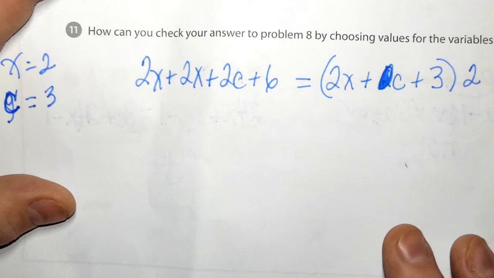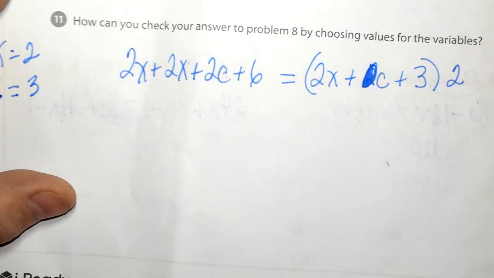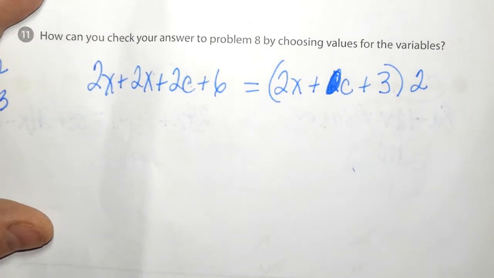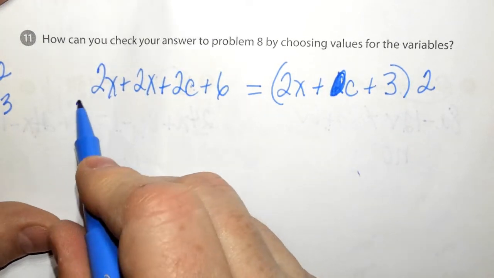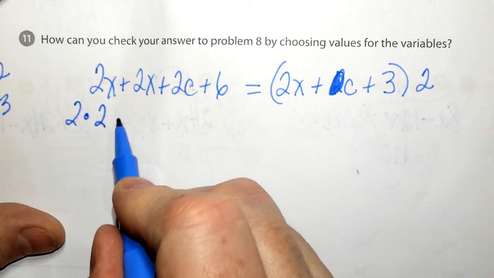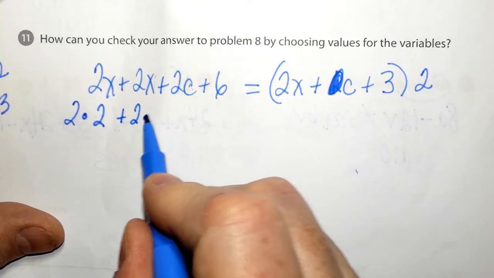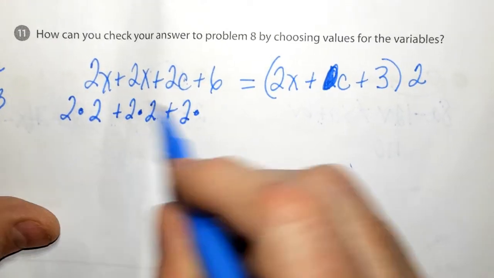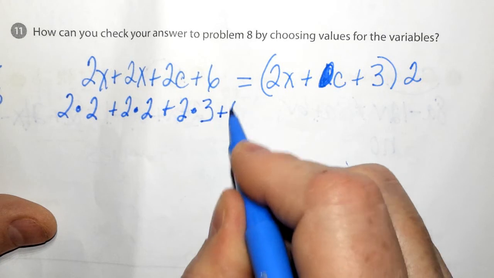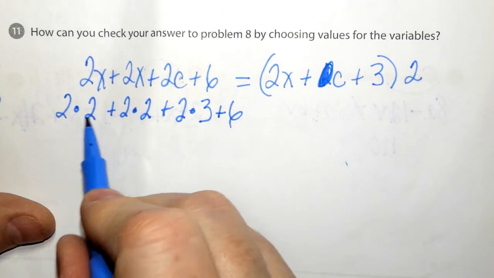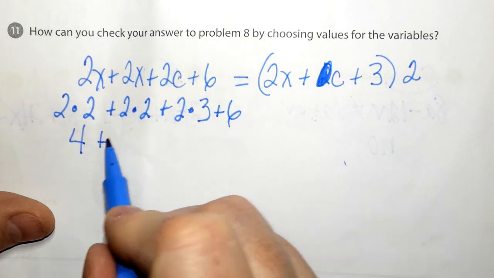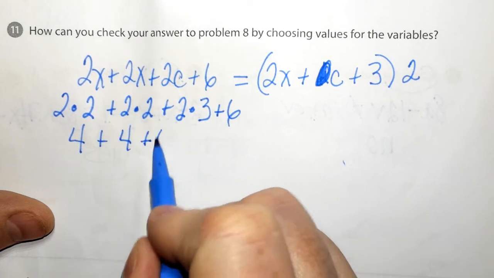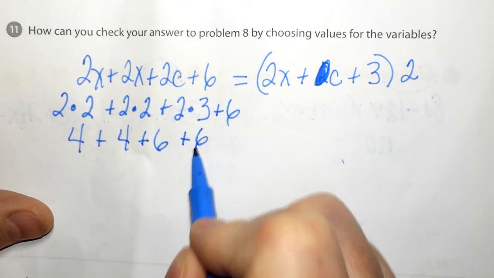And we're just plugging those in to see if they're equivalent. So we have 2 times 2 plus 2 times 2 plus 2 times, c is 3, plus 6. So we have 4 plus 4 plus 6 plus 6.